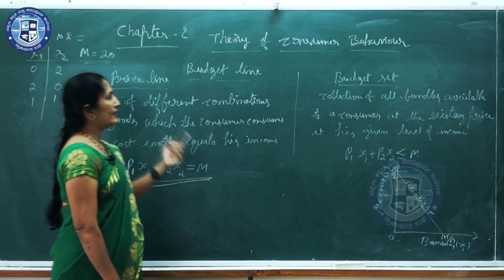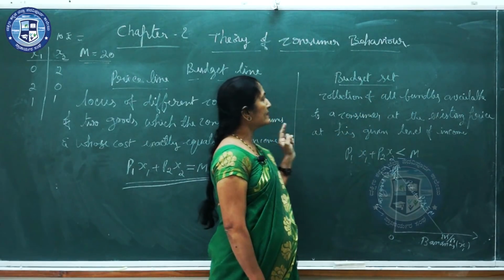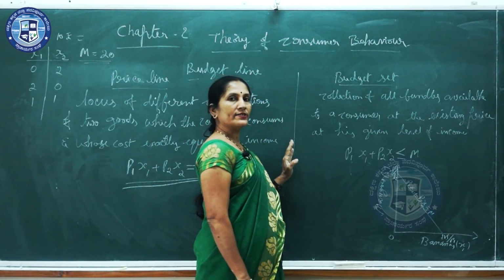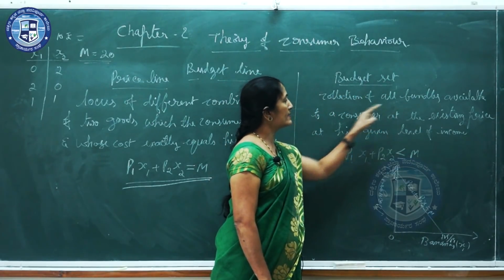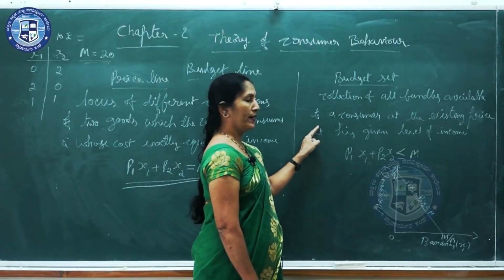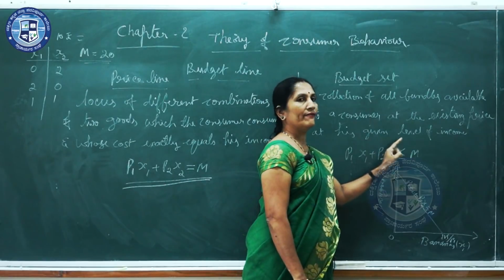There is another concept called the budget set. What is the budget set? The budget set is the collection of all the bundles available to a consumer at the existing prices and at his given level of income.